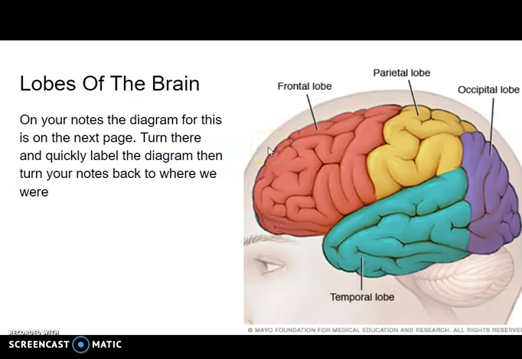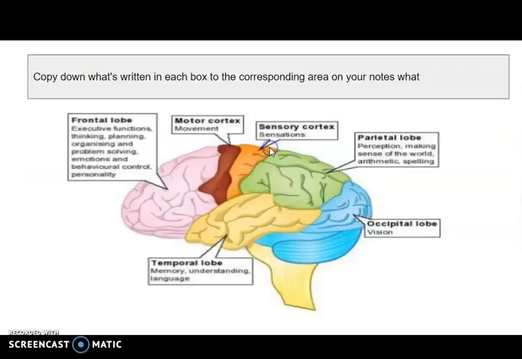All right. And so I want you to copy down what's written in each one of these boxes to the corresponding area of what you have in your notes. In other words, on your page there, your notes, it says lobes of the brain, and then it says number 5, frontal lobe. You should be putting down executive functions, thinking, planning, organizing, problem solving, emotions, behavioral control, and personality.